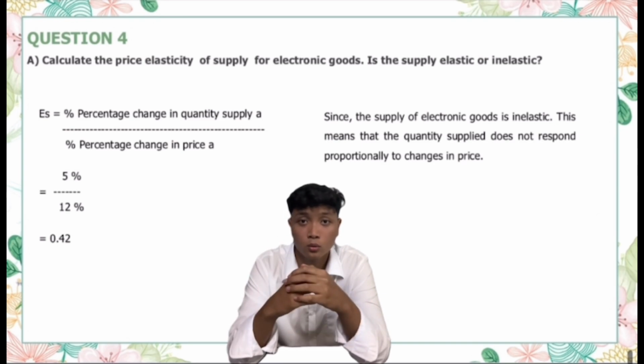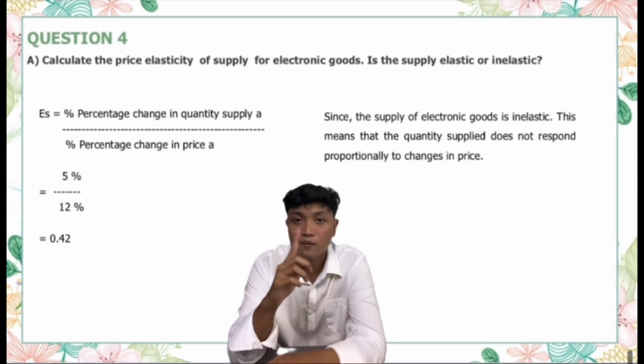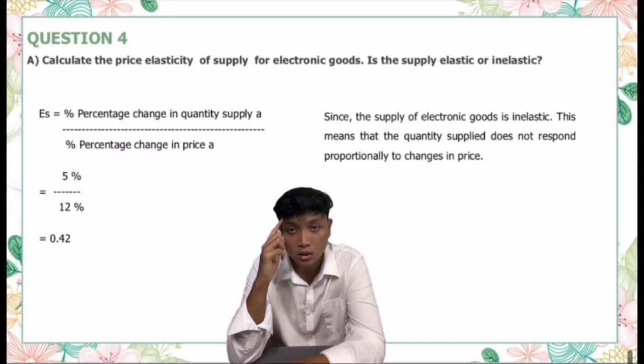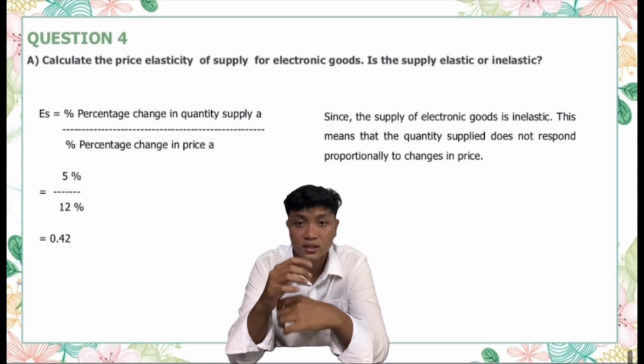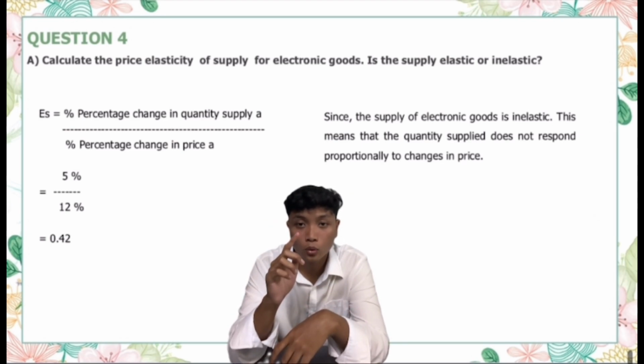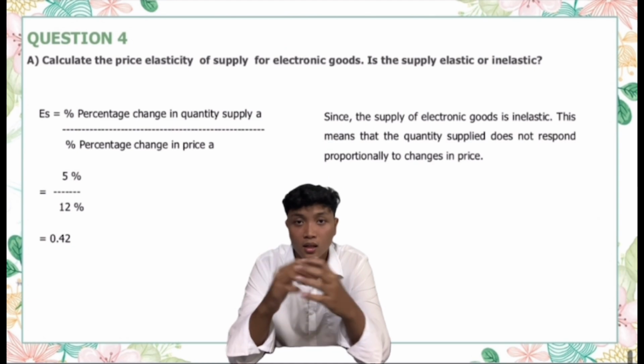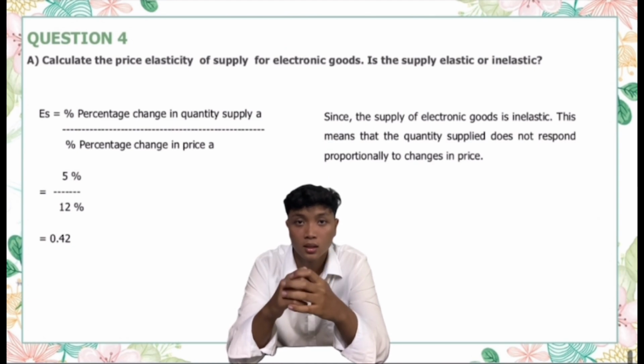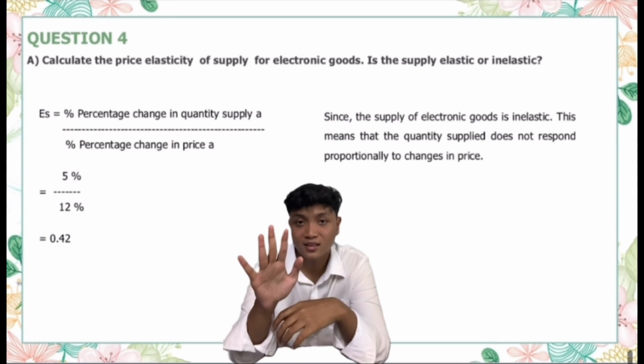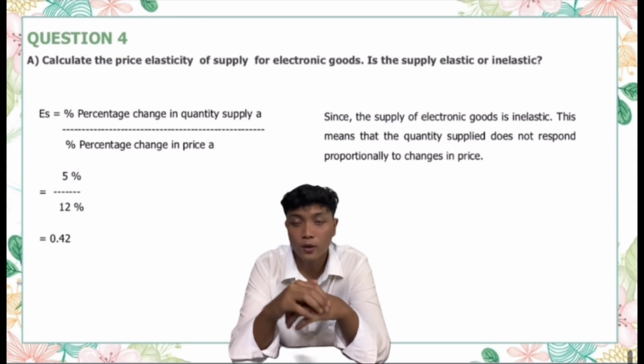So, how can we solve these questions? First, we need to remember the formula, which is the percentage change in quantity supplied of A divided by the percentage change in price of A. Then, how can we calculate this? As I said earlier, the quantity supplied increased by only 5%. So, we can put 5% above.